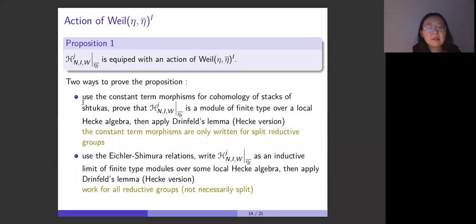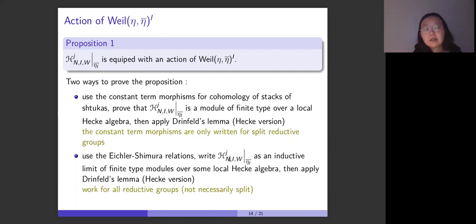And another way to get the proposition is that we don't need this result. We can use some weaker result. So we use the Eichler-Shimura relations for the partial Frobenius morphism.